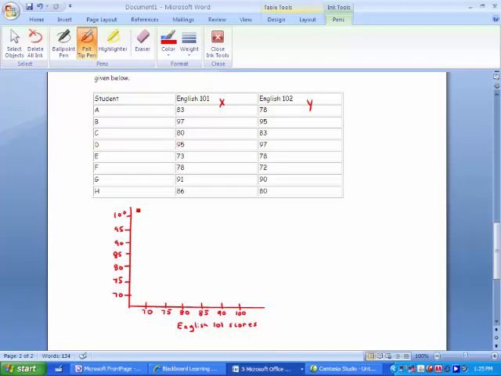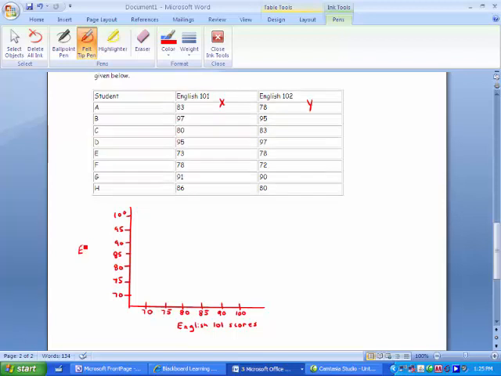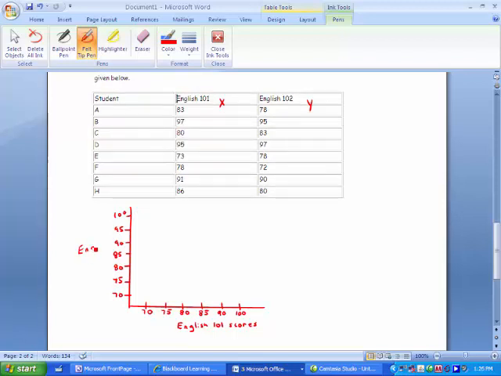And again, I'm going to need a label for the y-axis, and so we'll just say English 102 scores. And so we'll plot our points.